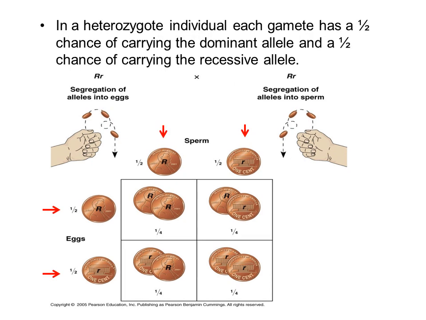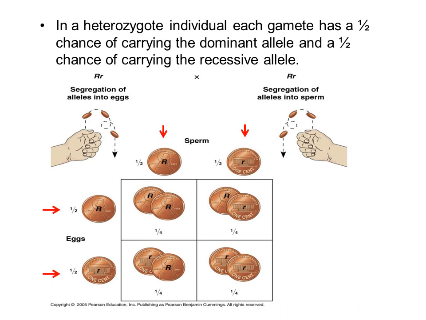So in a heterozygote individual, each gamete has a 50% chance of carrying the dominant allele and a 50% chance of carrying the recessive allele. Look at the arrows. For the sperm that comes from dad, he has a 50% chance of giving a big R, and he has a 50% chance of giving a little r.